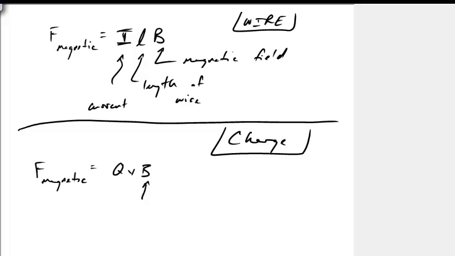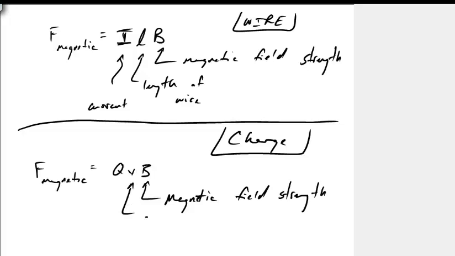Well, B is not new. That is the magnetic field strength, measured in teslas. V is the speed of the charge. Now, a charge could be a single electron, it could be that simple, or it could be a big chunk of a particle that carries a denser charge.